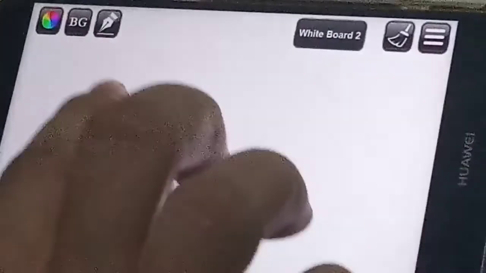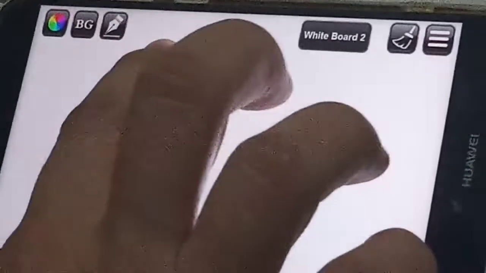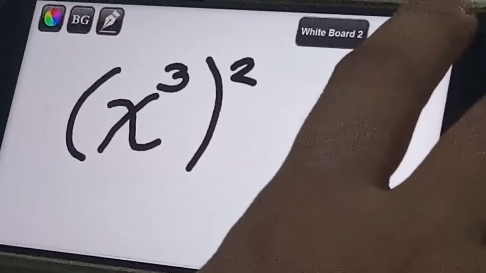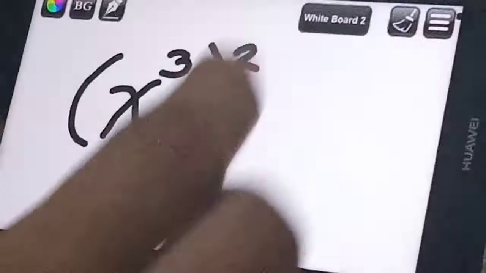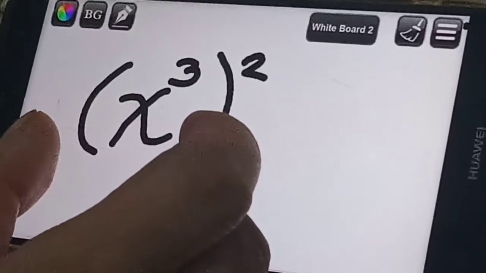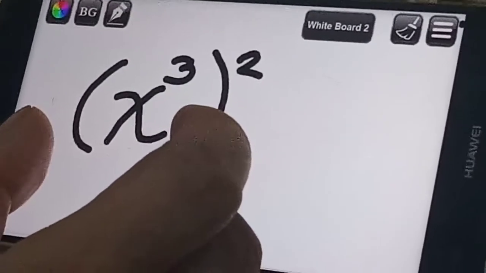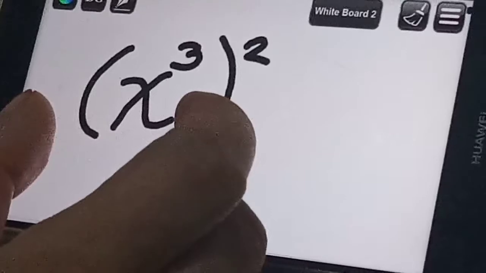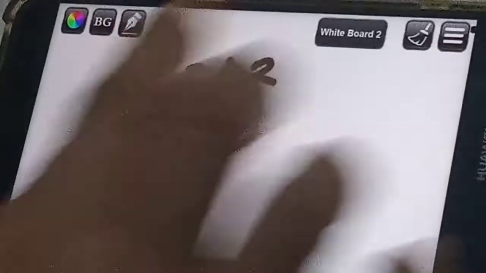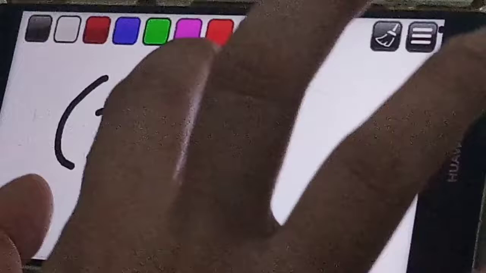Suppose that I have here x raised to the third power, all raised to the second power. There is a parenthesis. If there's a parenthesis involved, it is considered as 1. In the expanded notation of this one, this will be your entire base.